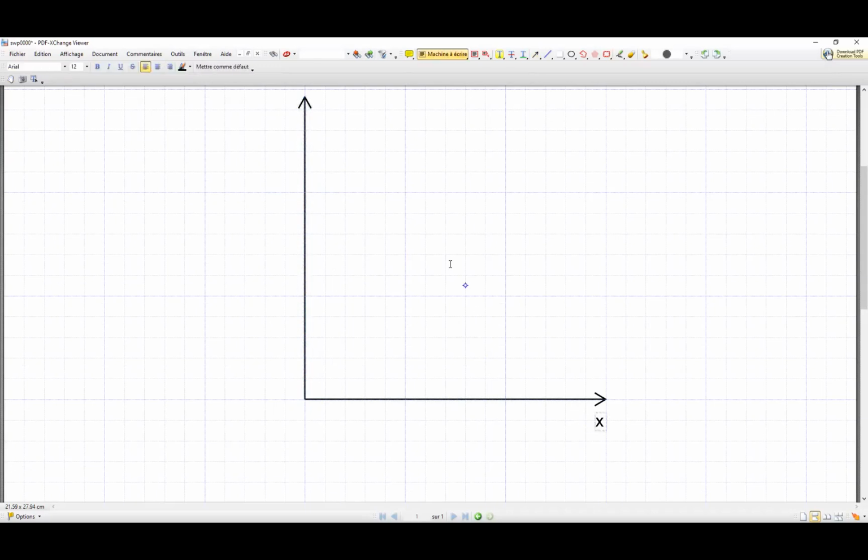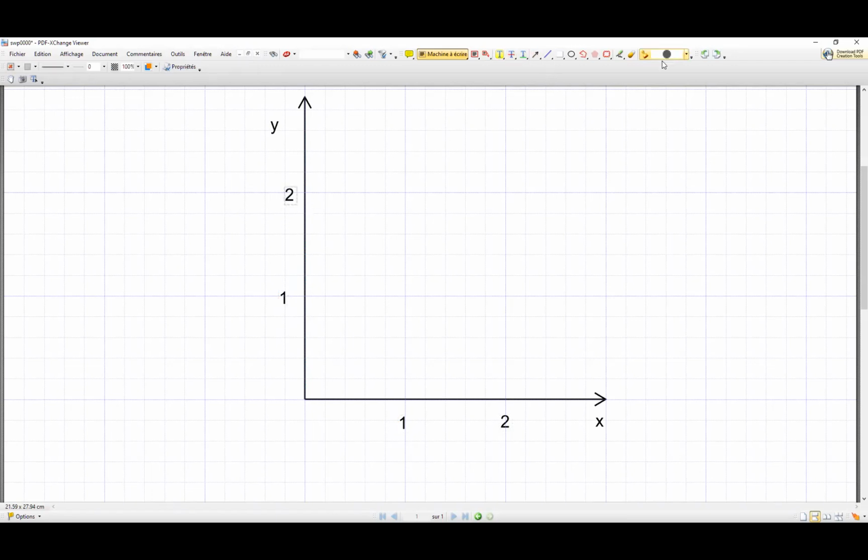This is X, this is Y. So if I have the point, this would be 2, this would be 1, this would be (1, 2).